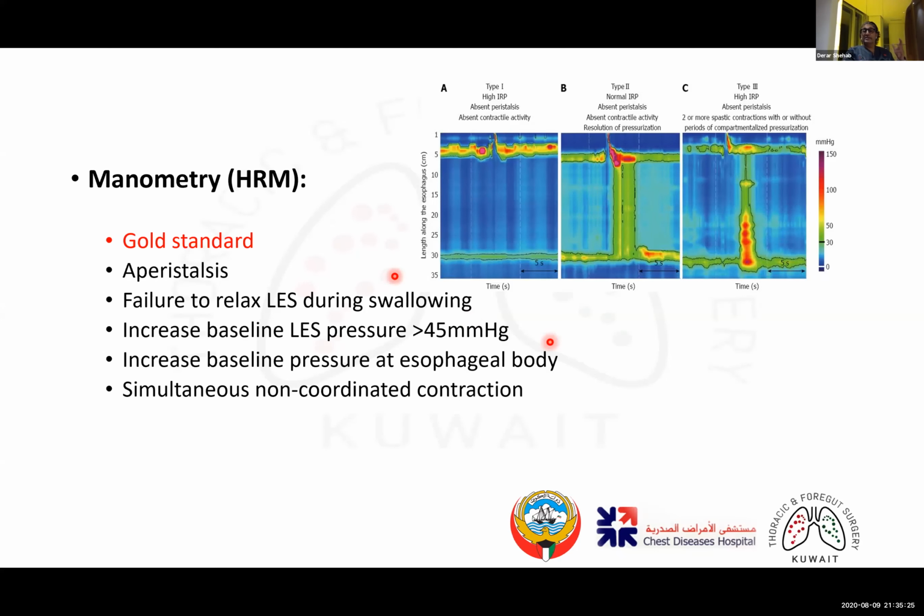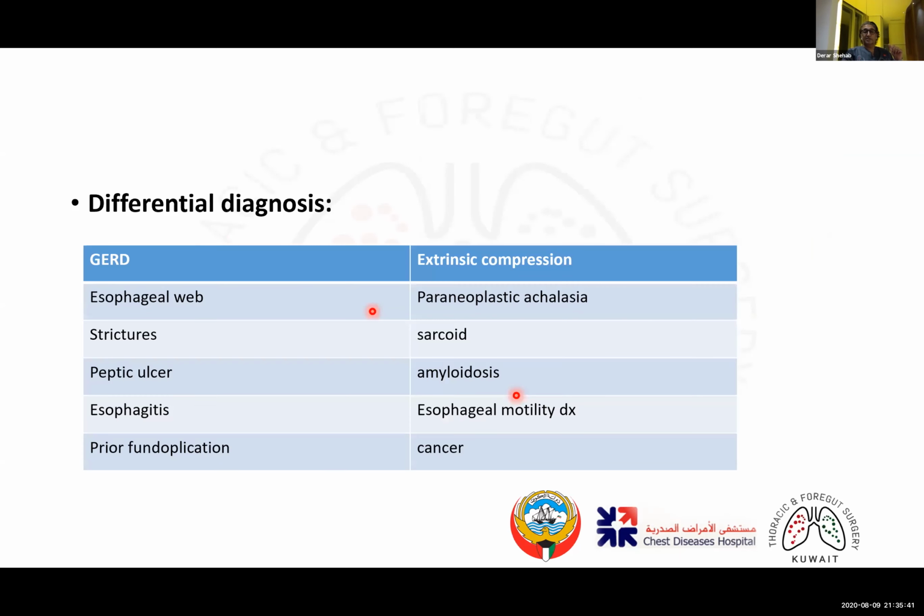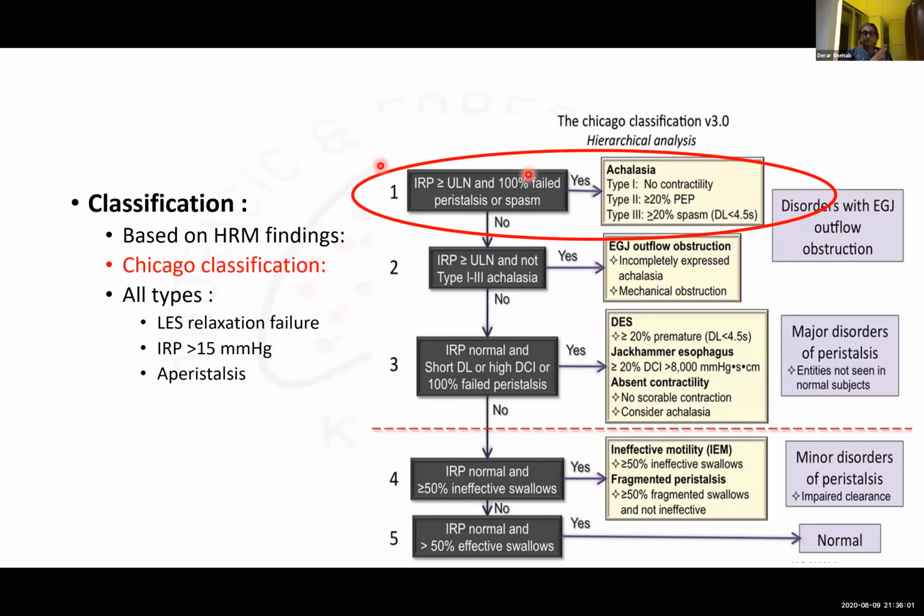The esophageal body pressure is also increased, and sometimes we see simultaneous non-coordinated contractions, which is tertiary peristalsis. Of course, if you have achalasia, you have to think of other differential diagnoses like GERD or complications of GERD, or some sort of extrinsic compression like in cancer or paraneoplastic achalasia, and so on.